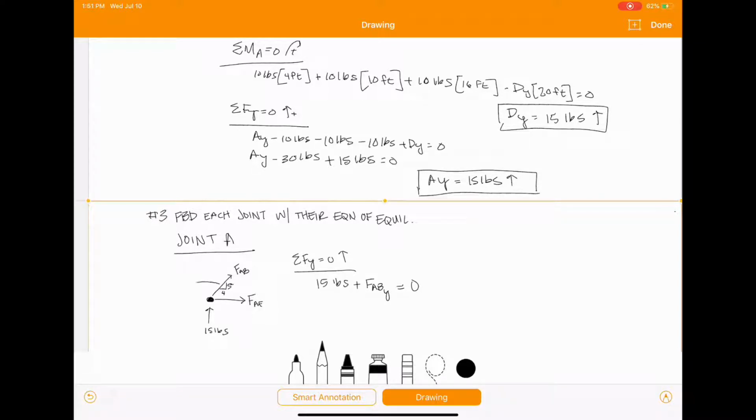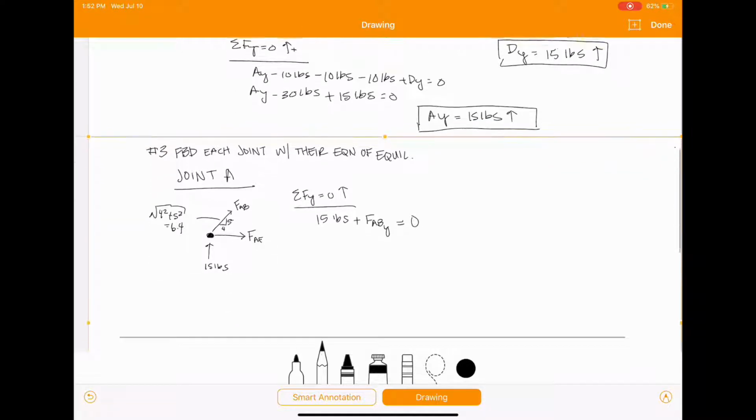So we can solve for the hypotenuse using Pythagorean theorem, and that's going to be the square root of 4 squared plus 5 squared, which ends up being 6.4.